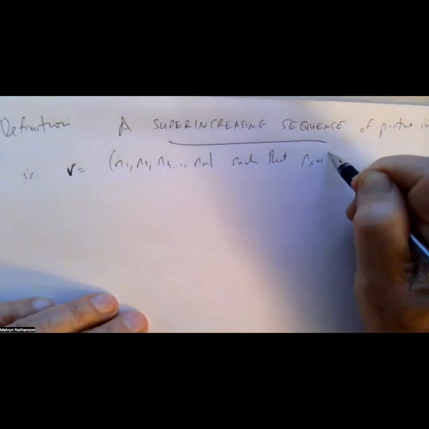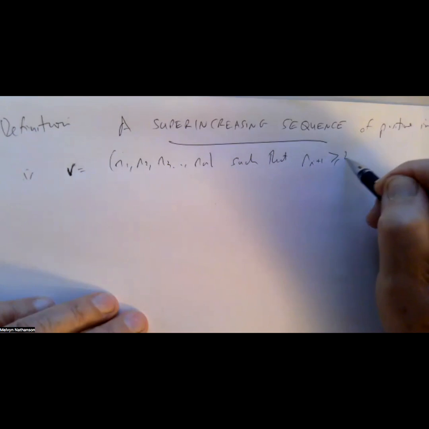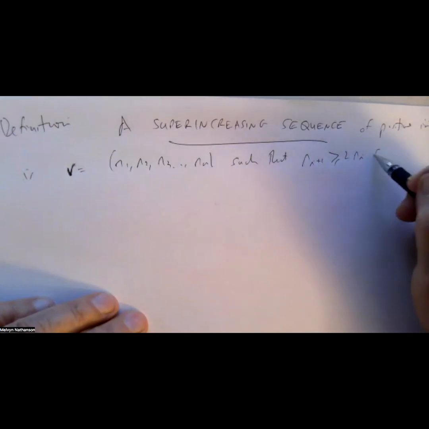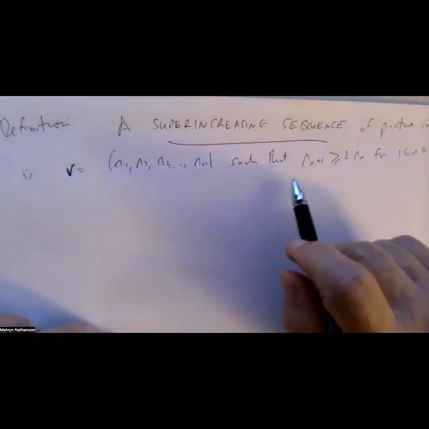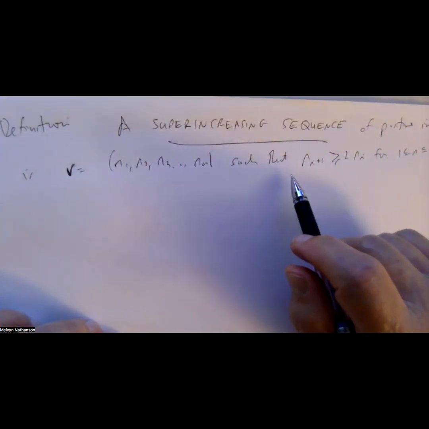So r_{i+1} is greater than or equal to 2r_i for i between 1 and n minus 1. So every term is at least 2 times the size of the previous one.